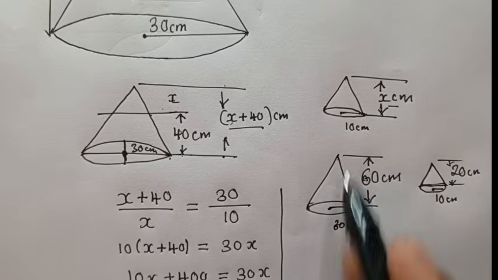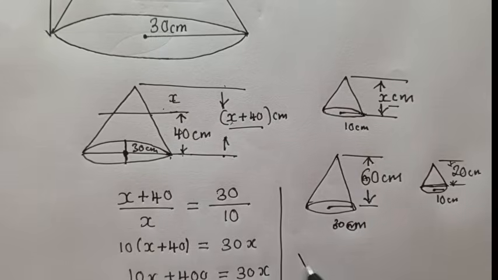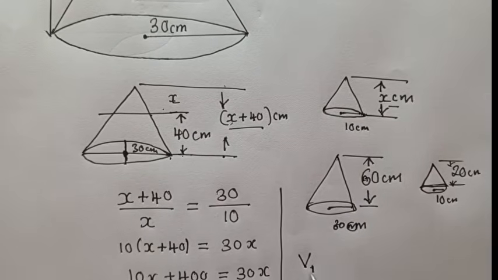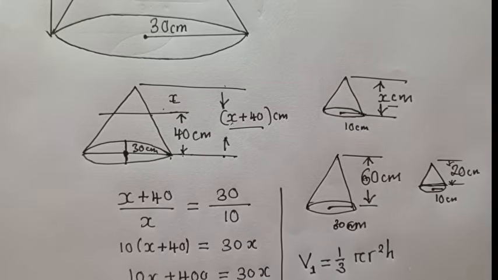We shall find the volume of this cone and the volume of this cone, then subtract. Let's start with the bigger cone. Volume 1 is equal to 1 over 3 pi r squared h.